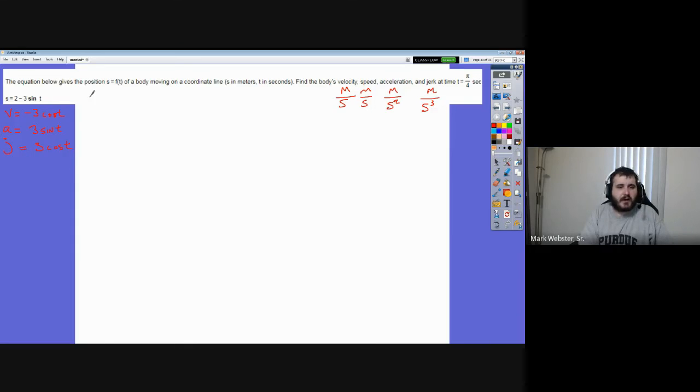So now that we've done this, we can find the velocity, speed, acceleration, and jerk when we're at pi over 4 seconds. So let's start here. Notice we don't care about where it is, which seems sad, but oh well. So -3 and then cosine of pi over 4, right?